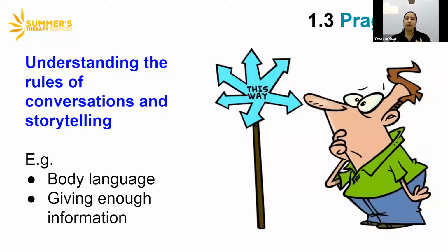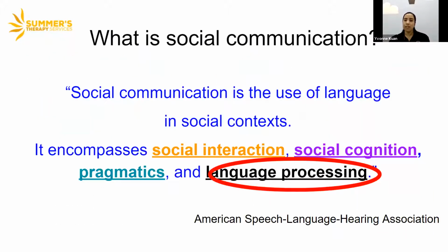All right. So pragmatic skill helps me to understand the deeper layer and the additional meanings that could be derived based on the context in this social communication. Okay, so that is pragmatics. Remember, social interaction is how we establish that communication to begin with. And then social cognition is how I change how I'm using language based on what I'm presented with, instead of just using language to initiate an interaction with you.